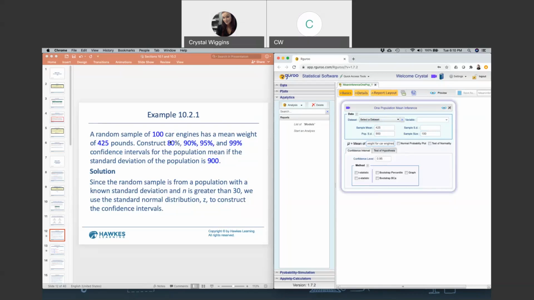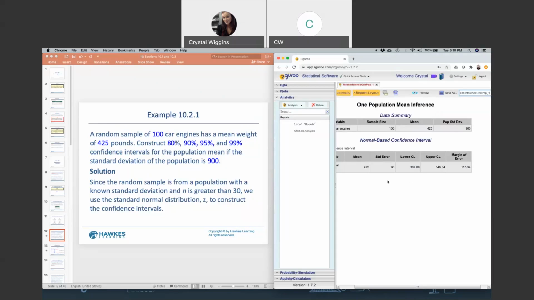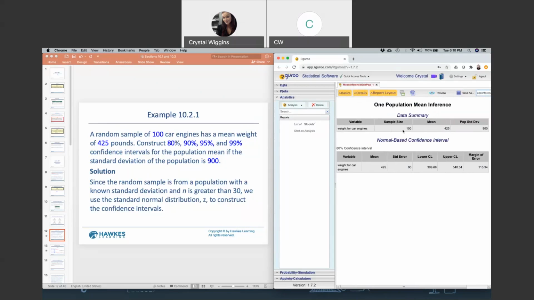We need to do all 4 of these. So first, let's do the 80%. So I'm going to change this to 80, and I'm going to select the Z because we've determined that we meet the criteria to use a Z distribution. I'm going to hit my eyeball. Okay, so I have my sample size, my mean, my population standard deviation.